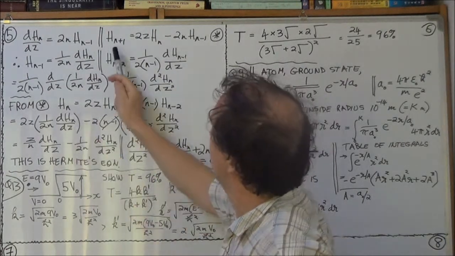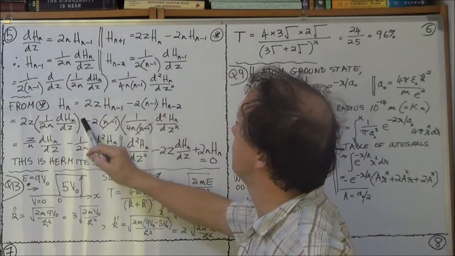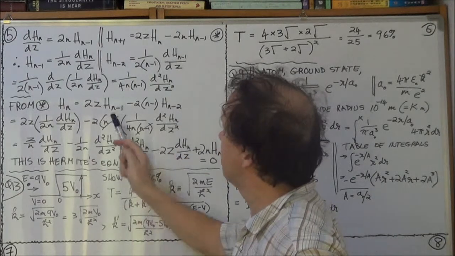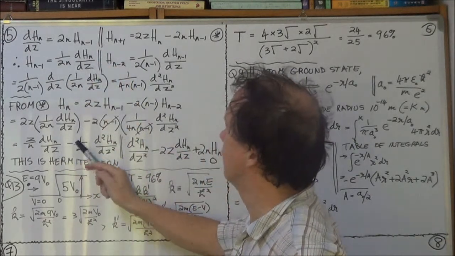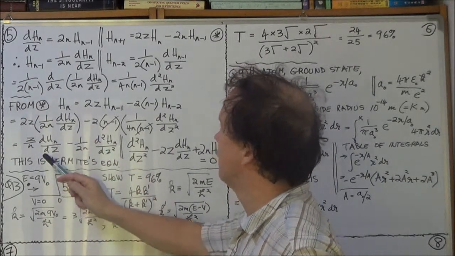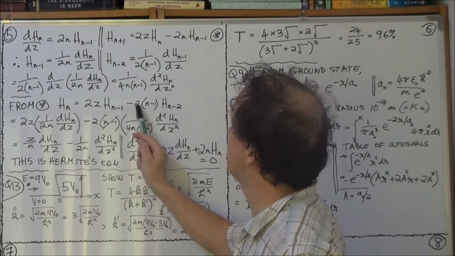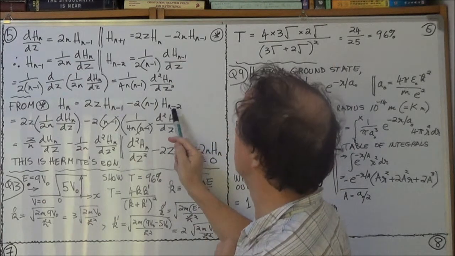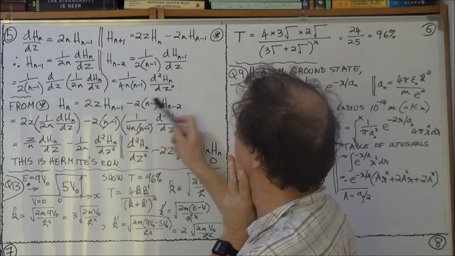So rewrite this with n taken down 1. So that will become here. Okay? Alright, now what is H_{n-1}? Well, it's this. So put that expression in. There it is here. The 2's will cancel, so you're left with z over n. Now, minus 2(n-1). Now what is H_{n-2}? H_{n-2} is this here.